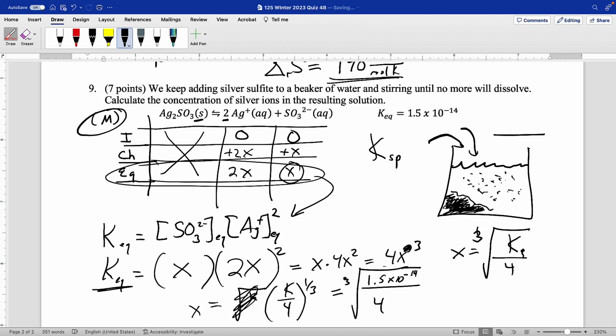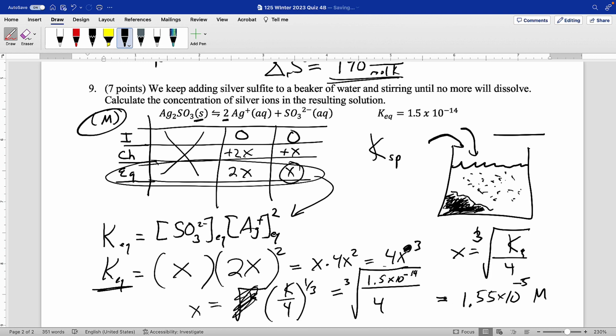And we divide it by 4, and then we take a cube root. Okay, so I get 1.55 times 10 to the negative 5th, and remember everything in this table is in molarity, so we've got molarity.